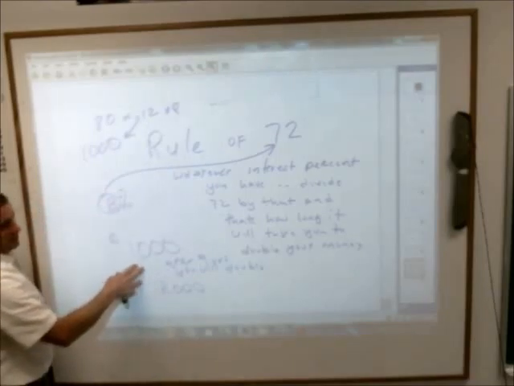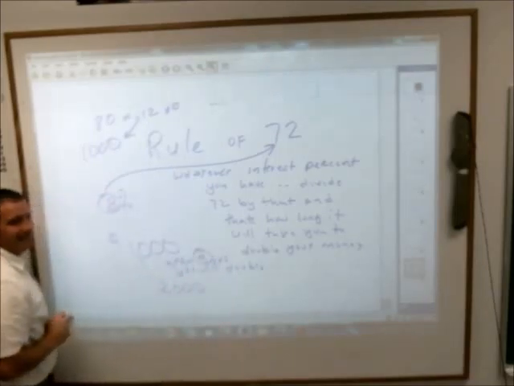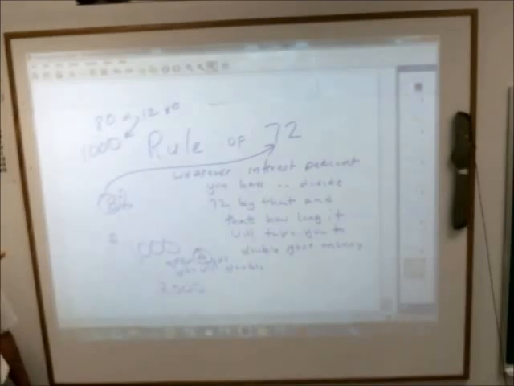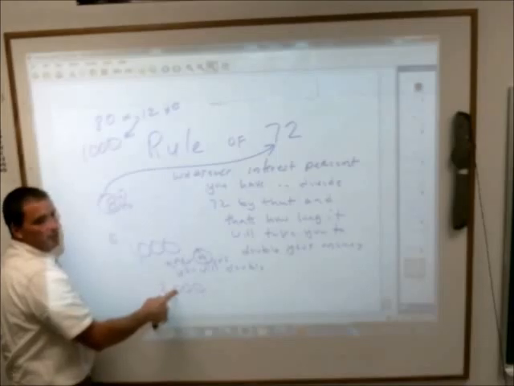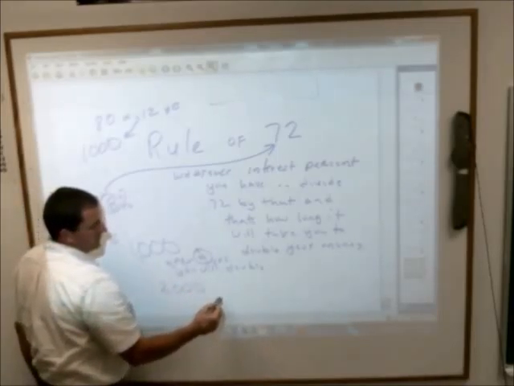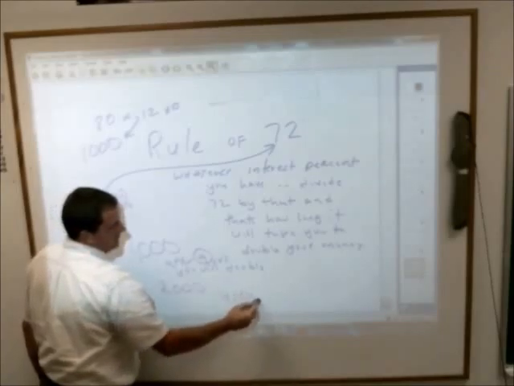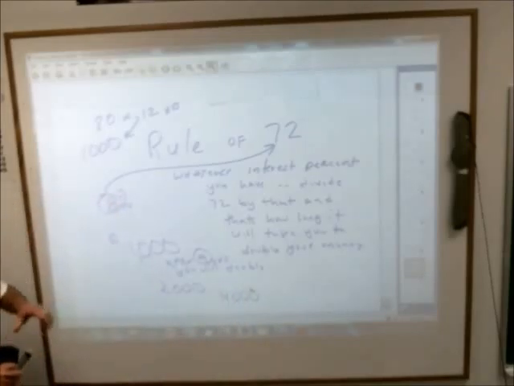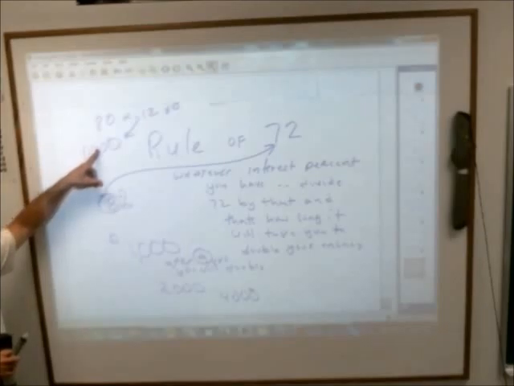At compound interest, it only took me 9 years. But here's the beauty of this. What's going to happen here is, after another 9 years, this $2,000 is going to double into $4,000. How long would it take me to get $4,000 at simple interest?